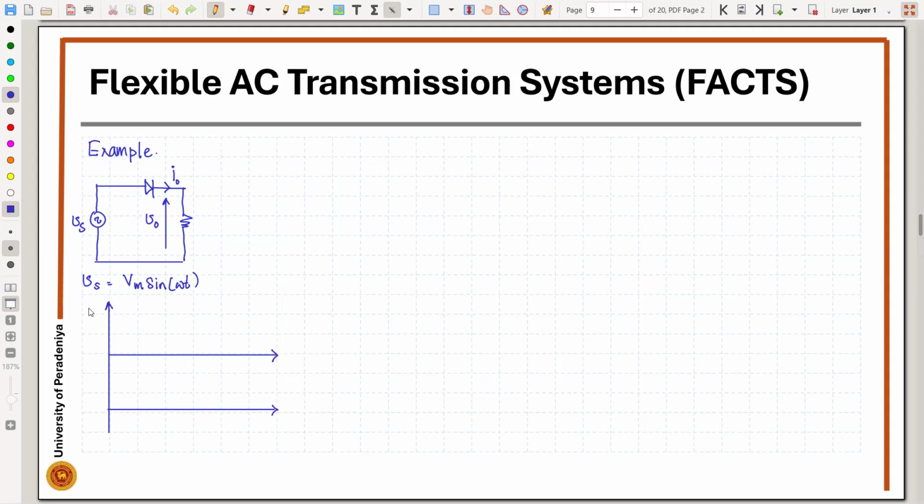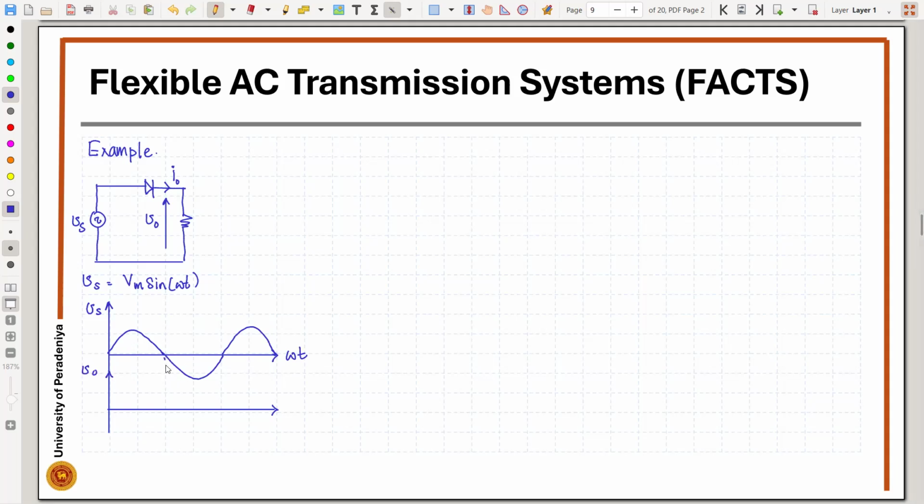You can plot the waveforms. So we have Vs. So Vs is going to be a function of omega t.